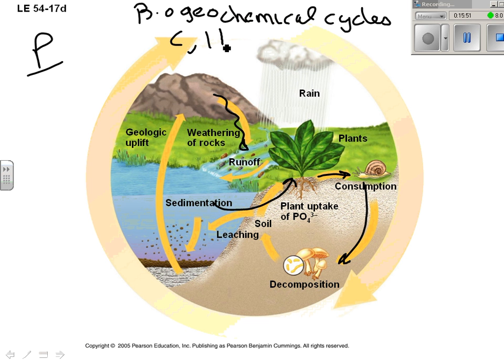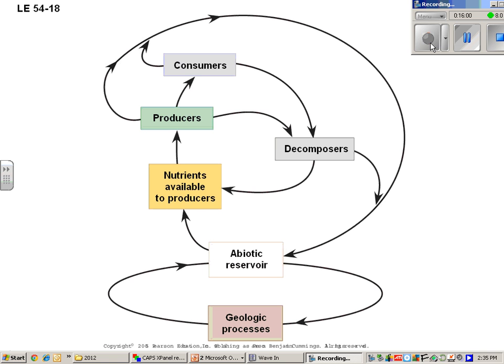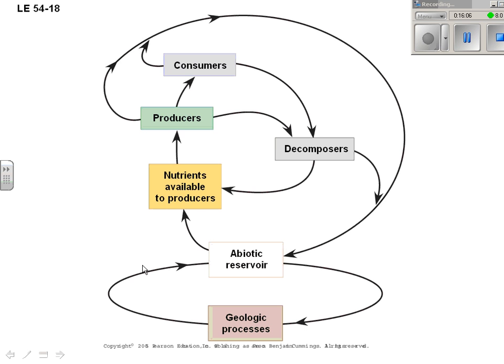Okay, carbon, hydrogen and oxygen make water, nitrogen, and phosphorus. So here's the general idea: geologic processes contribute to an abiotic reservoir of nutrients. They become available to producers.